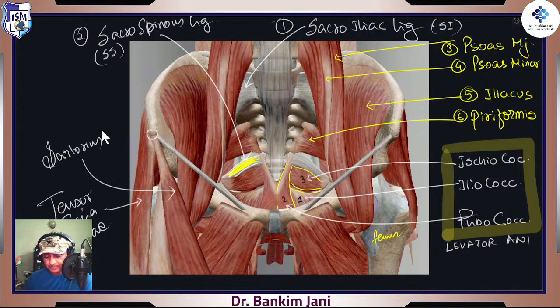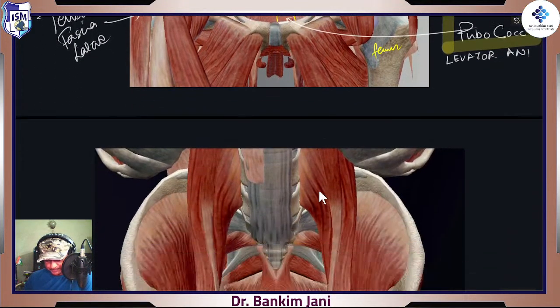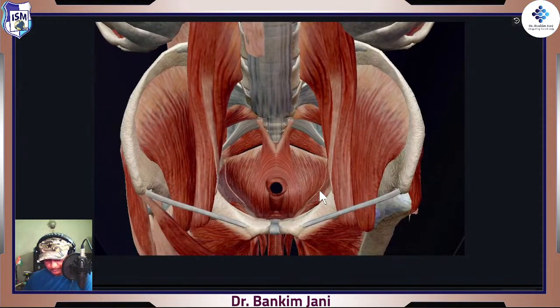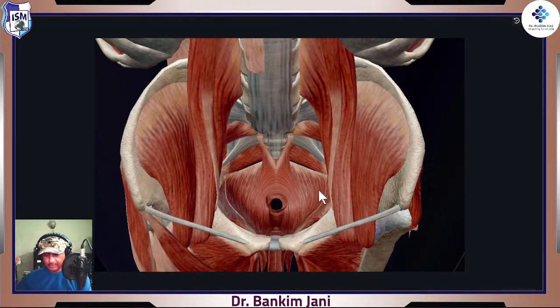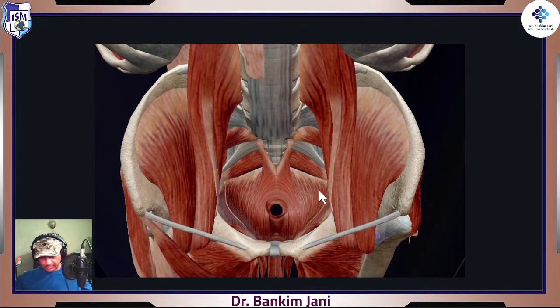Okay, let's tilt this. Previously we were watching it like this, and now we tilt it so that we are watching from the top. That way we'll be able to see some more structures.